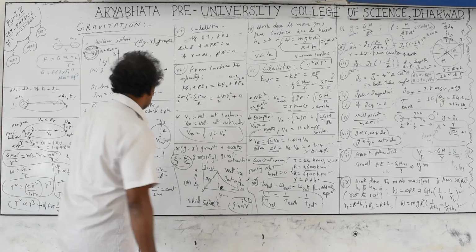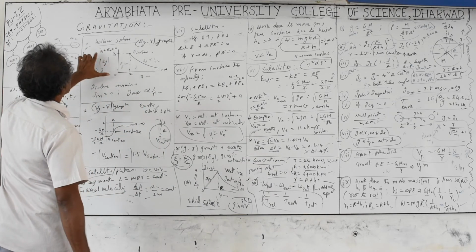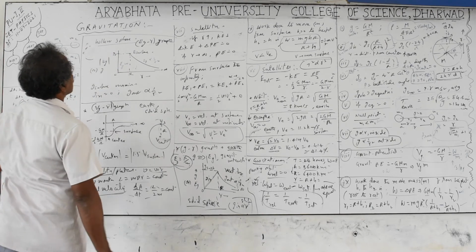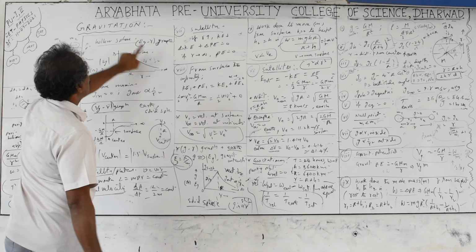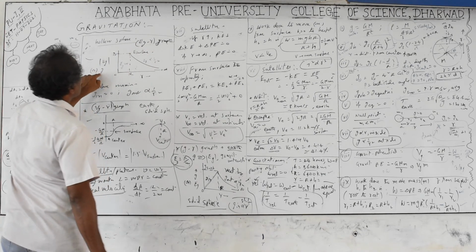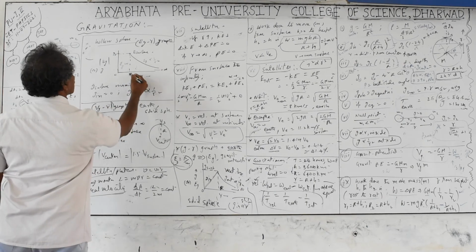Next graph is for the hollow sphere. For hollow spheres, the g and r, or you can take Eg and r, gravitational intensity and r, or acceleration due to gravity and r, similar graphs, but Eg negative means downward comes.